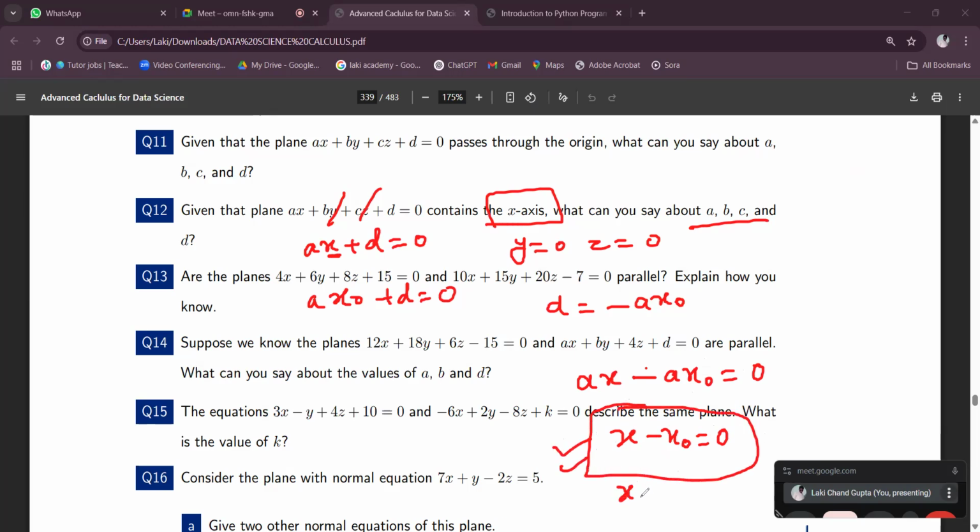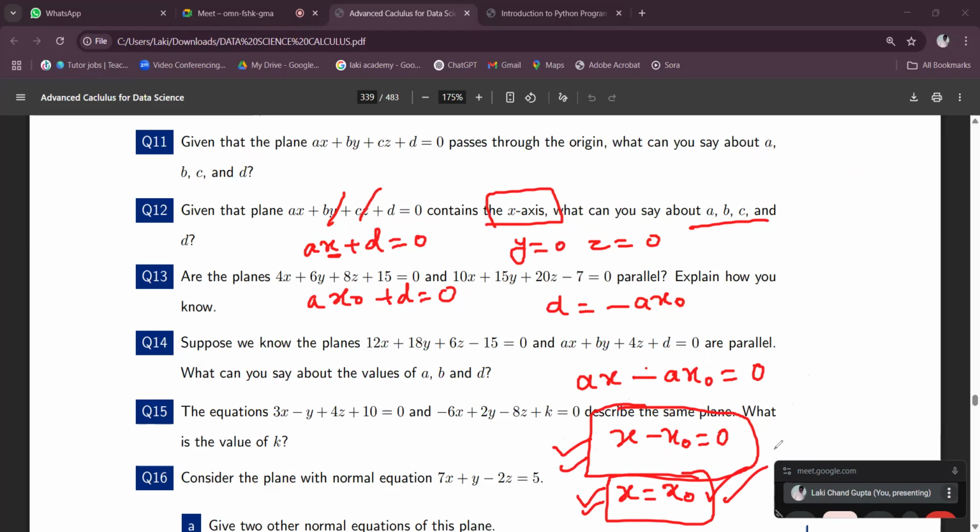Because you can say x is x0. This is the equation of the normal when it cuts the x-axis. Because it cuts the x-axis, it cuts at x0. Understood?